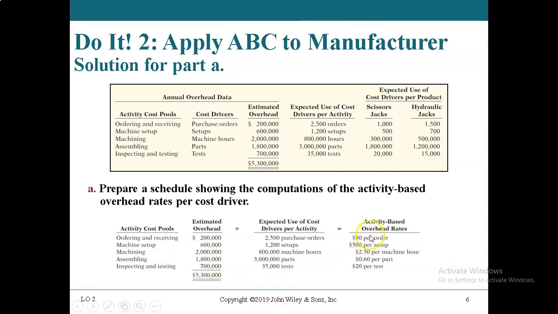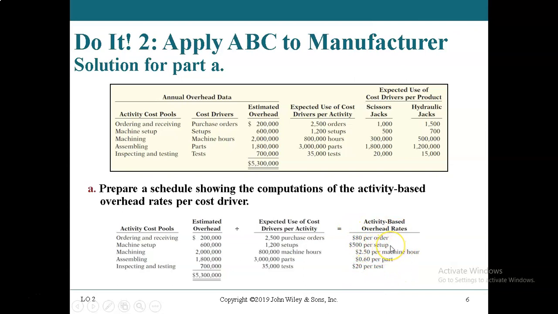You can see we have 80, 500, 250, 60 cents, and 20. How do you get each number? You take 2 million divided by 800,000, that's 250. You take 1.8 million divided by 3 million, you get 60 cents. What's the most expensive activity? Setup.